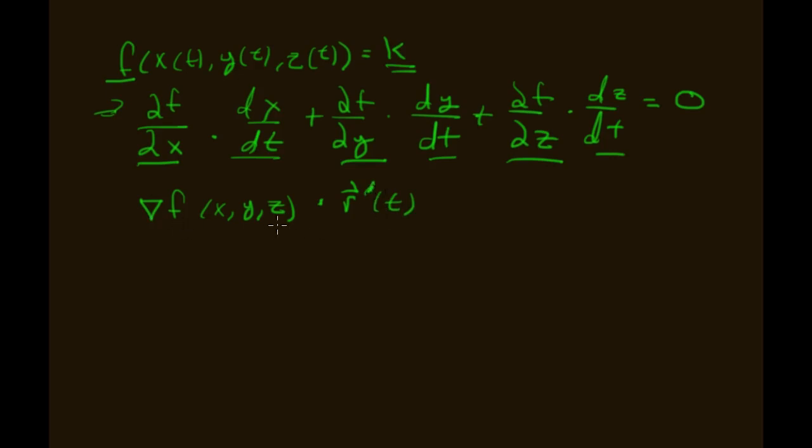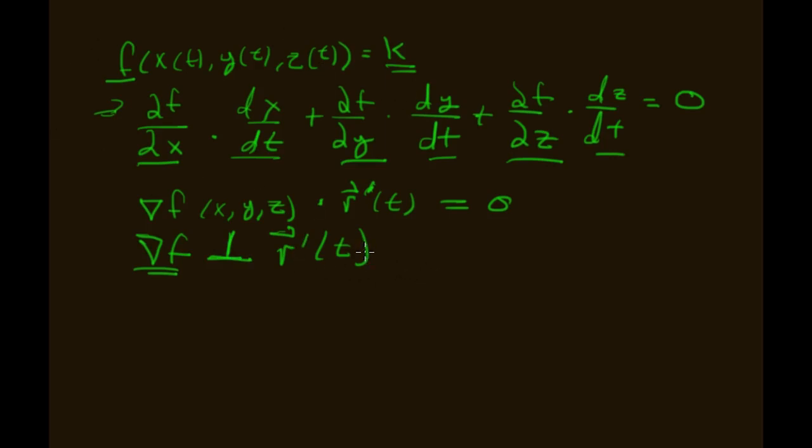So if I take the dot product, that's going to be equal to 0. So what does this mean? This means that the gradient of f at that k value has to be perpendicular to r prime of t, which means that the gradient vector is perpendicular to each of the level curves.